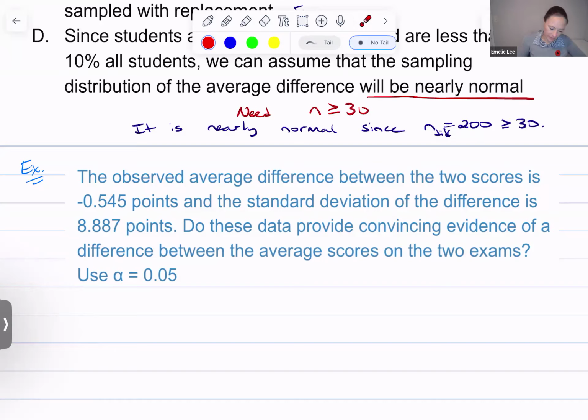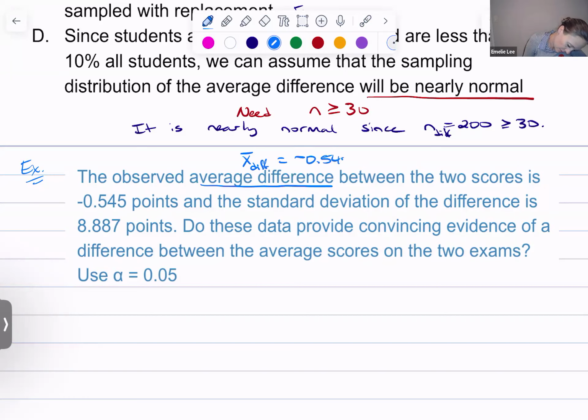So the average difference, that's your X bar diff, is negative 0.545. And the standard deviation of the differences, S diff, is 8.887.